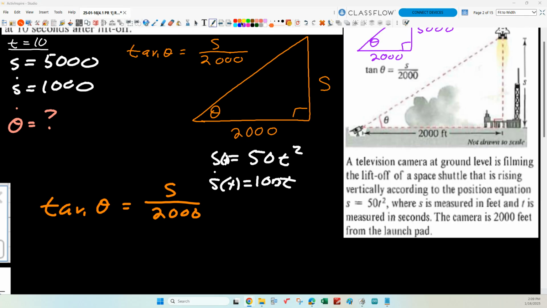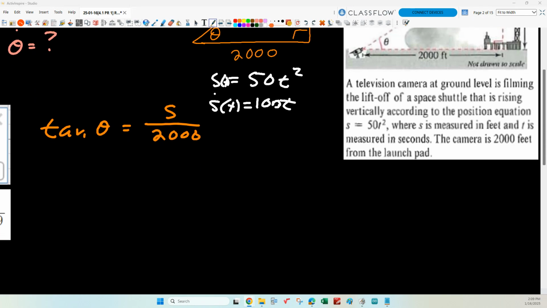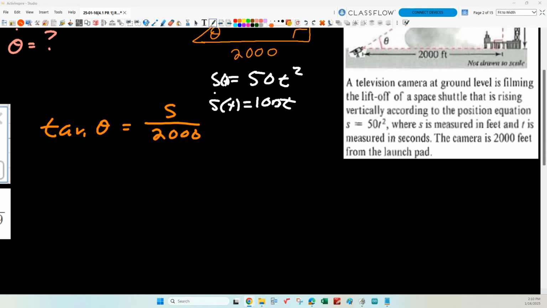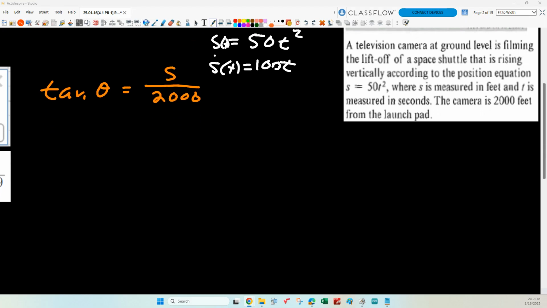What do we do with our parent equation? Yeah, we implicitly differentiate with respect to time because we need to get dots out of this, right? We want rates of change with respect to t. So what happens if we implicitly differentiate this with respect to t? What's the derivative of tangent theta with respect to time?